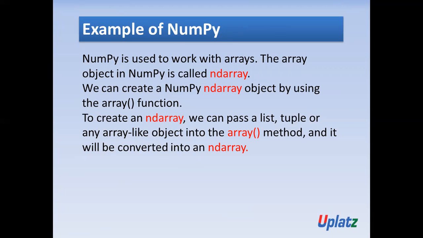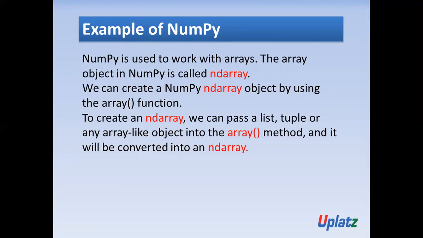We can create a NumPy ndarray object by using the array function. To create an ndarray, we just pass a list, tuple, or any array-like object into the array method, and it will be converted into ndarray.